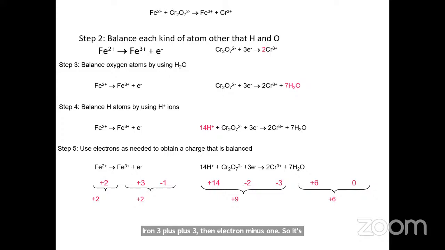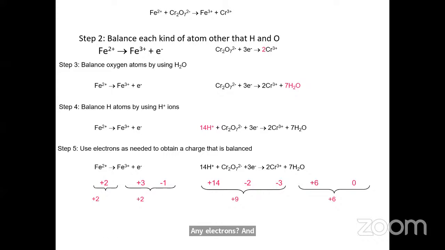And then when we go to the other equation, we have 14 hydrogen ions, which will give us +14. And then we have 3 electrons, and then -2 is the charge on the chromate ion.